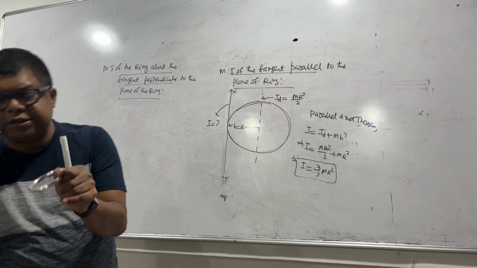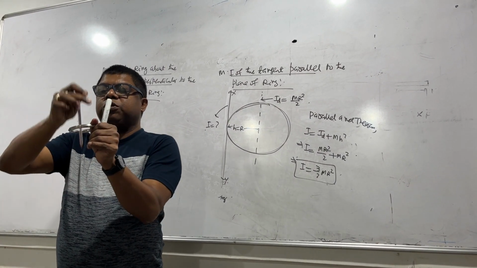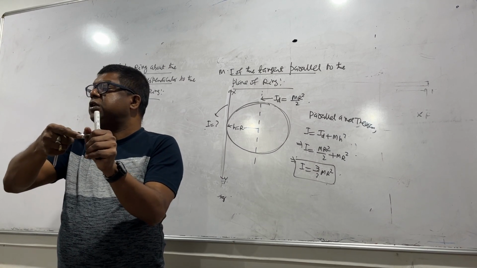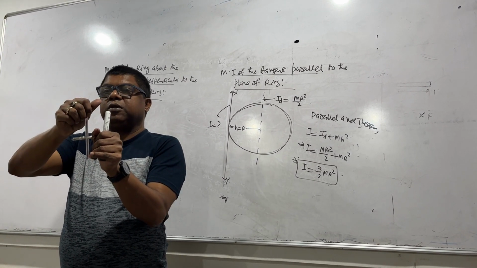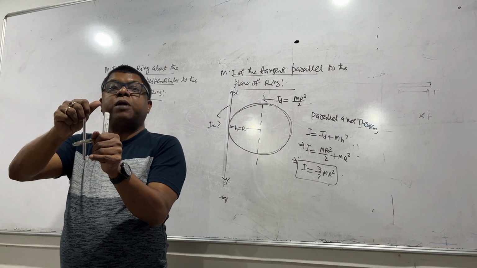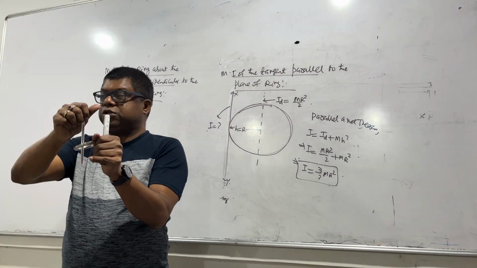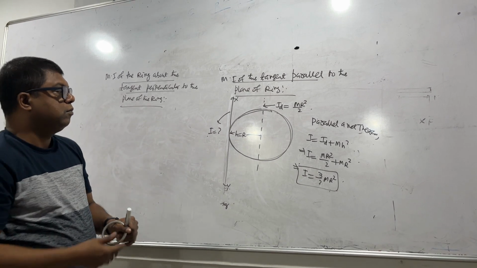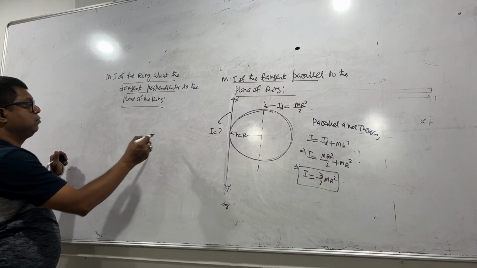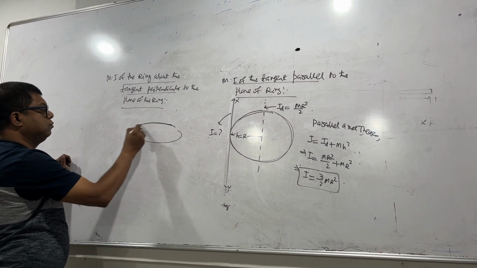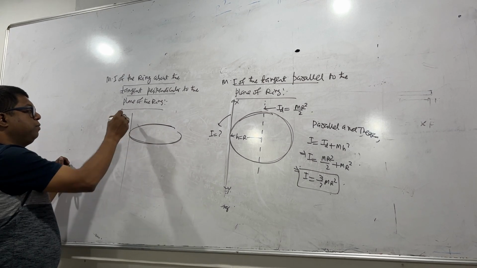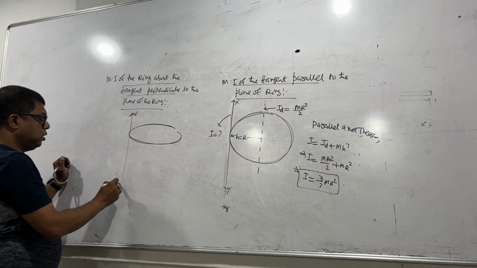And you know that the moment of inertia about the axis that passes through the center and is perpendicular to the plane of the ring is MR square. You apply the parallel axis theorem because the two axes are parallel to each other. This is the axis XY, and this is the tangent X dash Y dash, perpendicular to the plane of the ring.